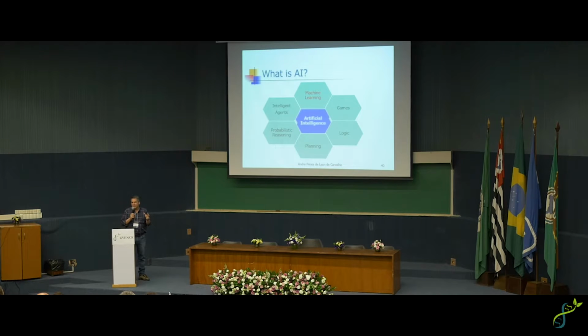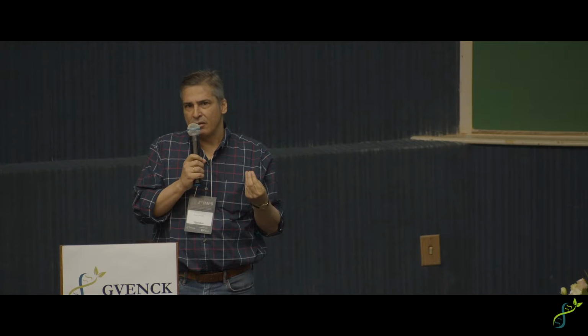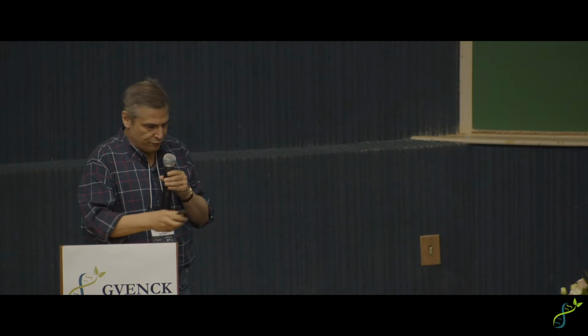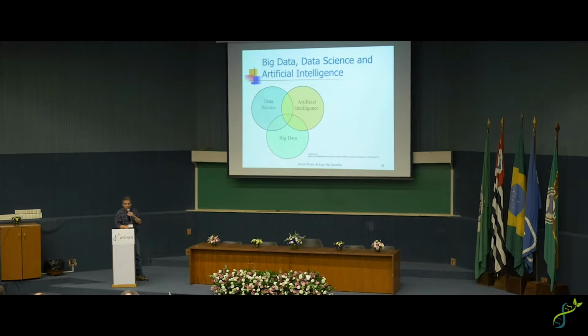And as I explained what data science is, what artificial intelligence is: artificial intelligence has many different areas, like machine learning, games, logic, planning, probabilistic reasoning, robotics, intelligent agents. And what does it have in common with data science? Machine learning, right? Both work with machine learning. So if you want a graph, like a Venn diagram, describing the relation between artificial intelligence, big data and data science, you see that there's an interconnection between the three areas. So it's difficult to define the border between each pair of them.